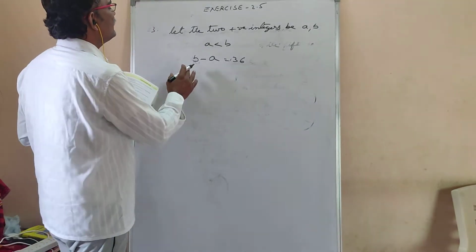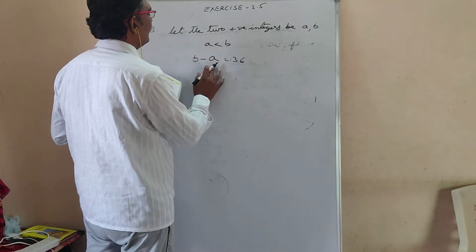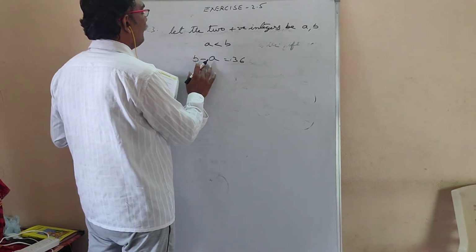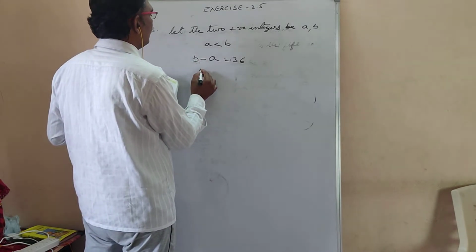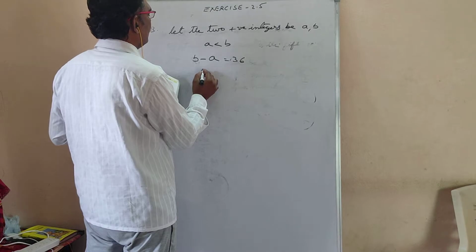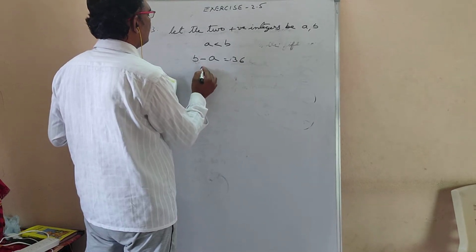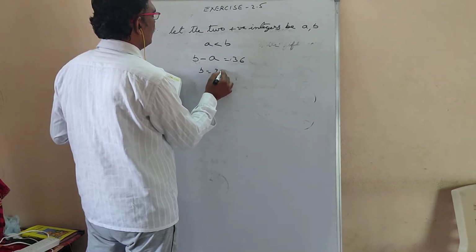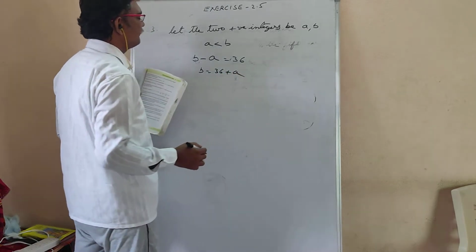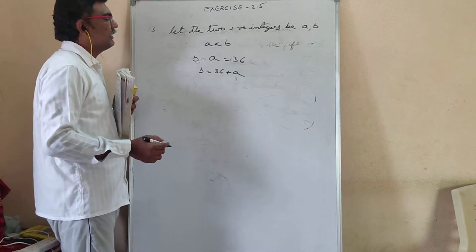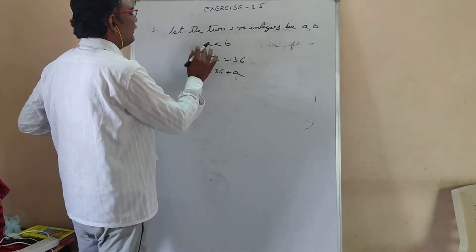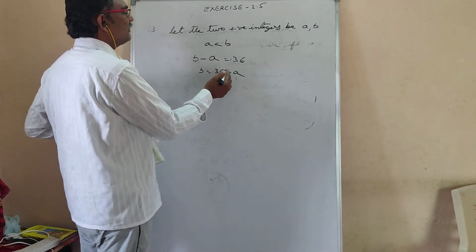So b minus a is equal to 36. Bring a over: b is equal to 36 plus a. It means if one number is a, the other number becomes 36 plus a.